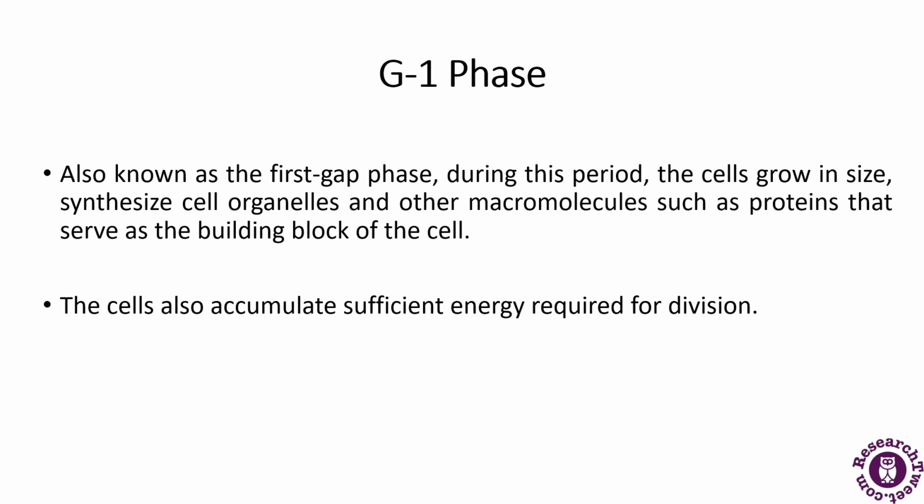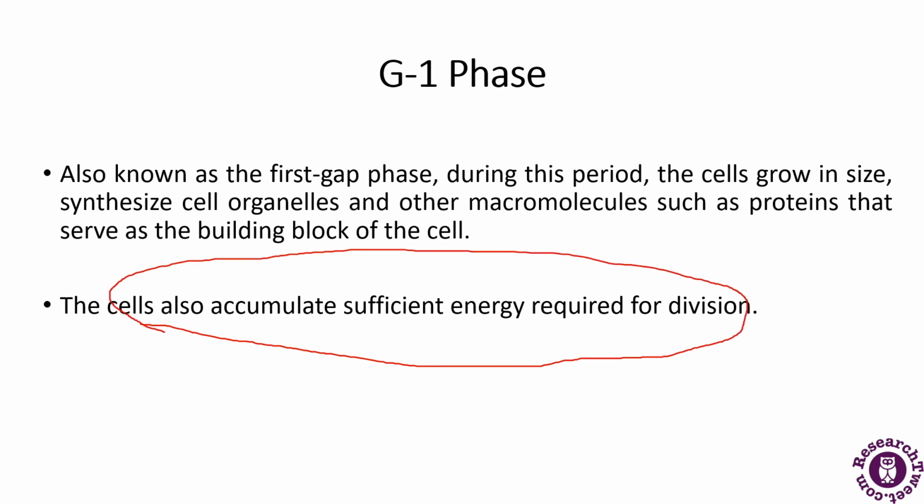It is the phase of the cell between mitosis and the initiation of replication of the genetic material of the cell. During this phase, the cells are metabolically active and continue to grow without replicating their DNA. And the cell accumulates sufficient energy which is required for division. So this is the G1 phase.